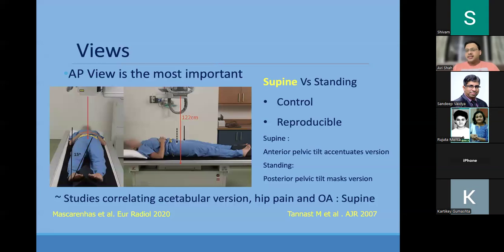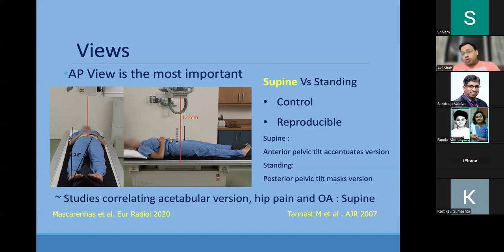So starting, as I said, is always with the X-rays. Most of the X-rays we get are not proper views, and hence you cannot comment on, I would say, more than 80% of the things if the view is not proper. For the AP view, standing is preferred, but supine is fine.